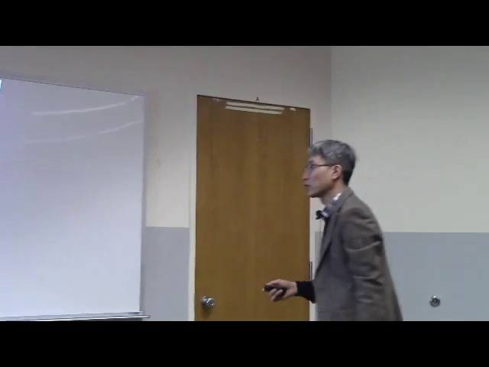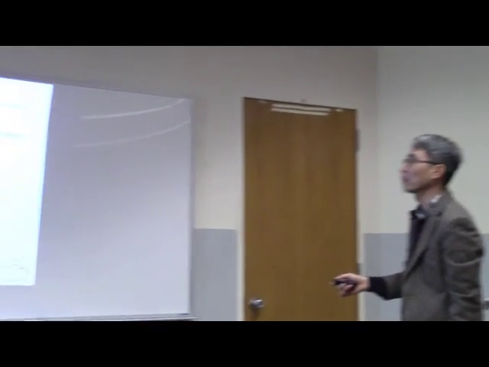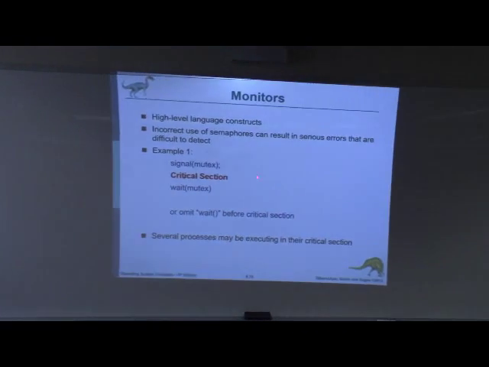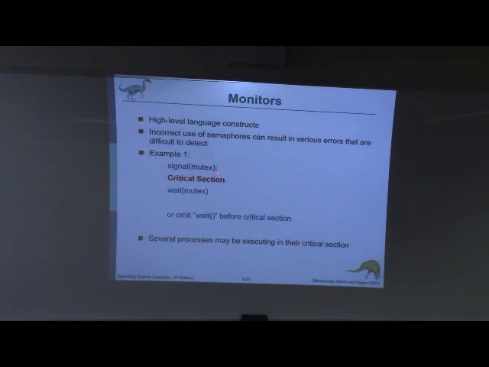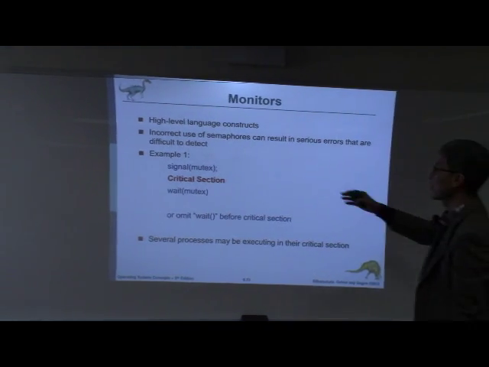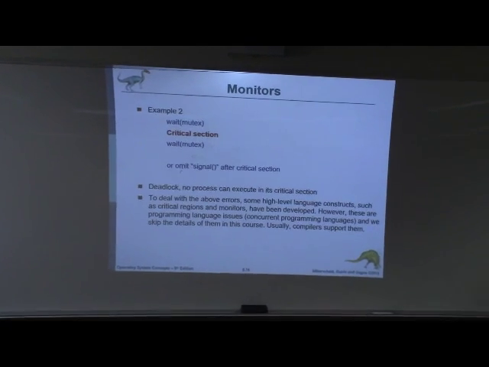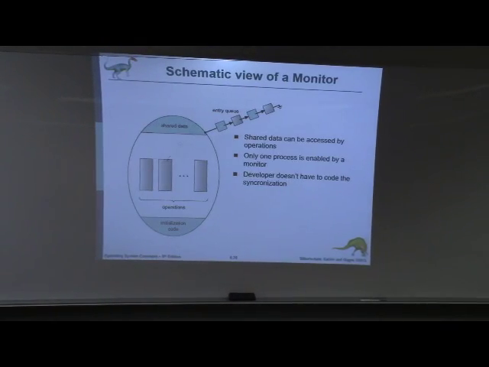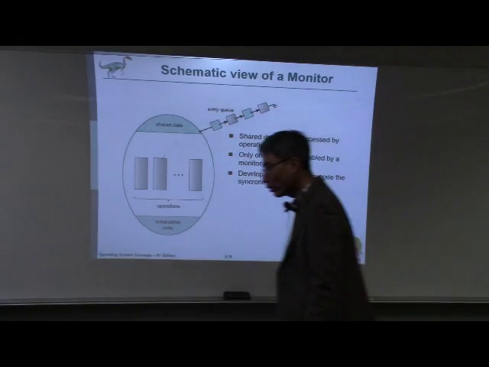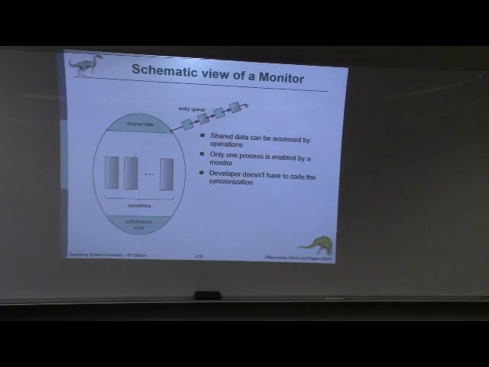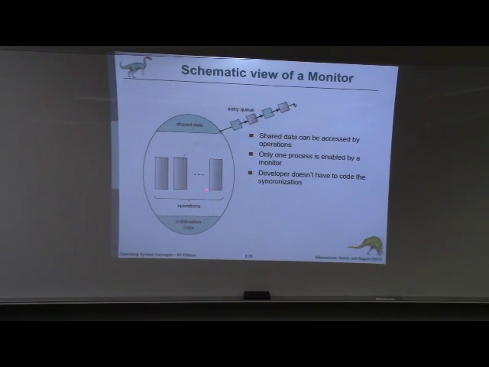So this is a problem of using the mutex lock or the semaphore. If we misuse it, like this one, this causes the problem. Okay, this is the same problem. So instead, why don't we manage these operations that we are going to do.